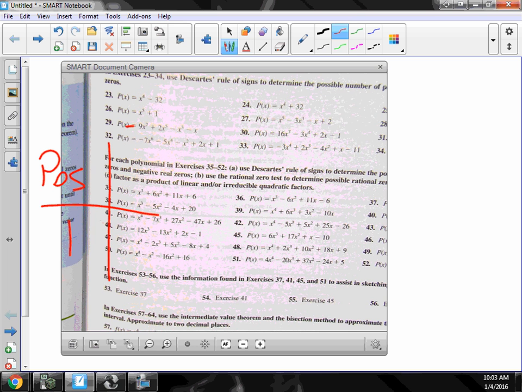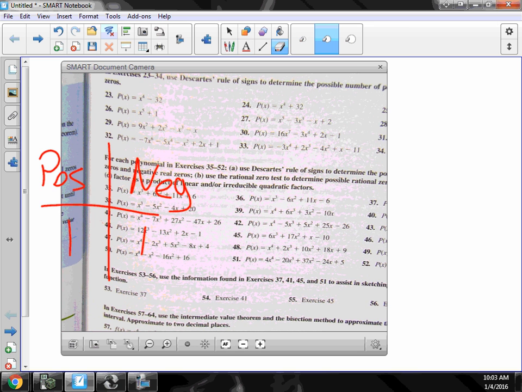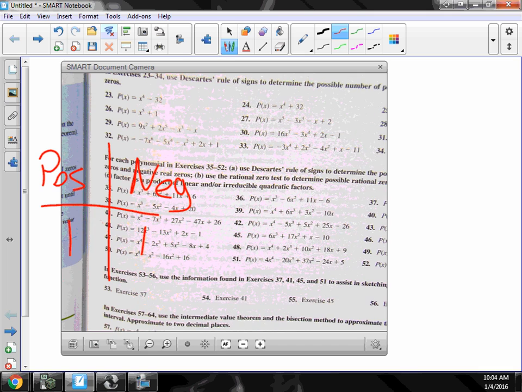So minus, the next one changes, the next one changes, the next one changes. How many negative sign changes are there? So negative would be 1. So there's one positive, one negative, and a whole bunch of imaginary roots. Okay.